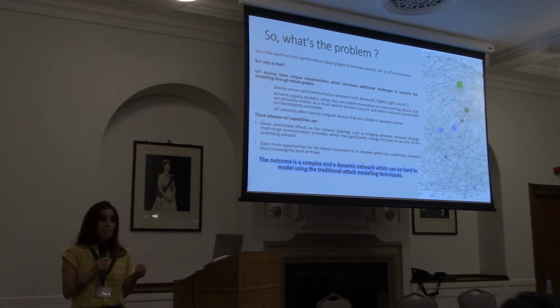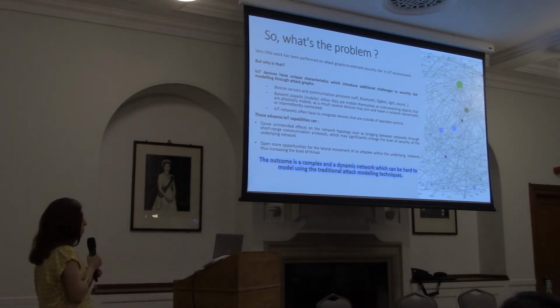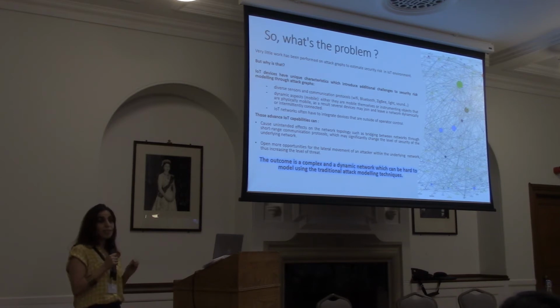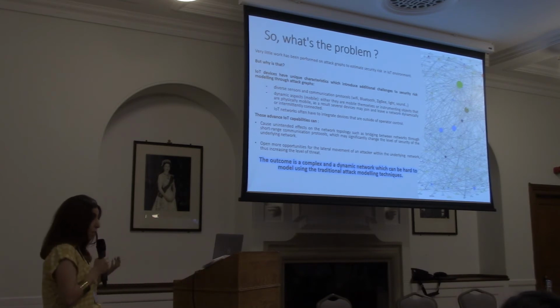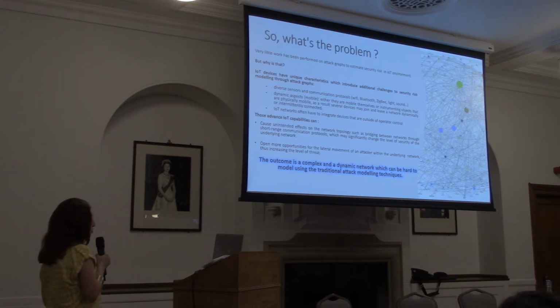The main problem is that traditional attack graph techniques cannot be used to represent threats in IoT environments. This is because IoT devices have unique characteristics. They can deploy diverse communication protocols and technologies, and they can be mobile. This ends up causing huge changes in the environment, such as networks being bridged together unintentionally and opening opportunities for the attacker to perform more attacks.